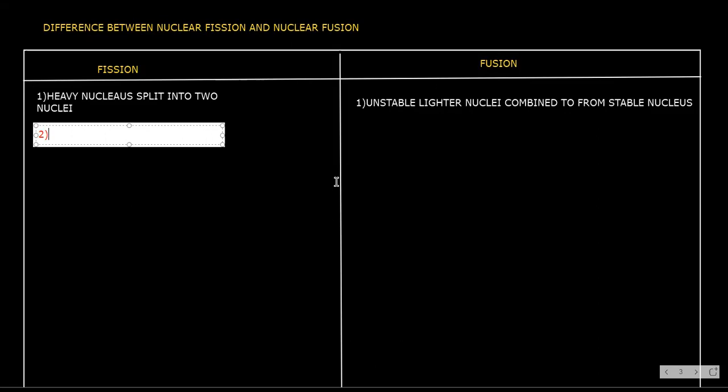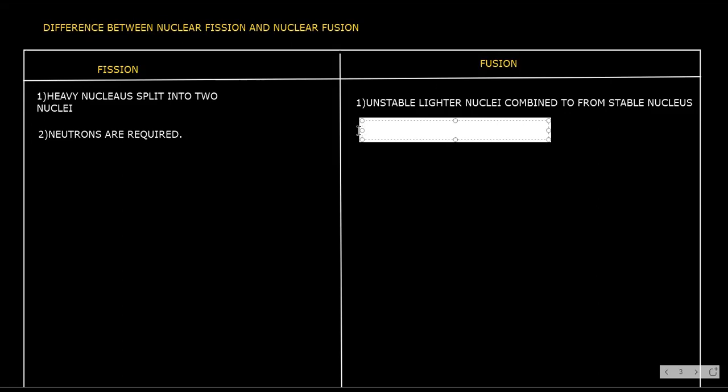In fusion, protons are required. What is required for the fusion process? Protons.